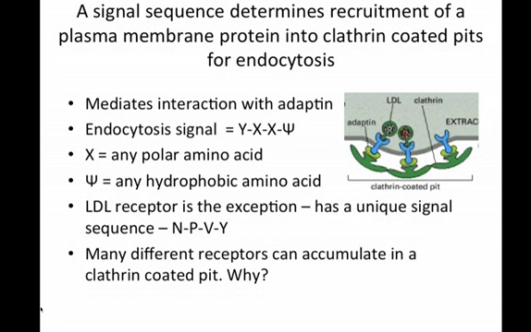Can you assume they'll all be localized in the same spot? Expand on your question. Okay, so you're thinking, how do they all get to the same spot on the membrane so they can be endocytosed? They're all going to be in the same vesicles.